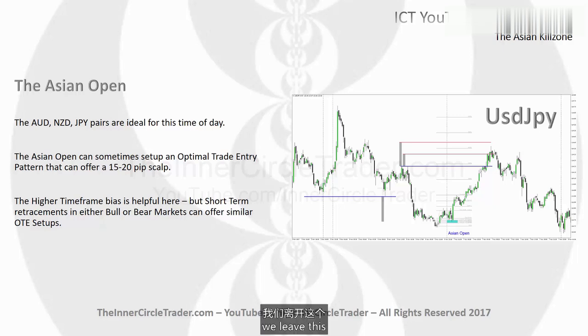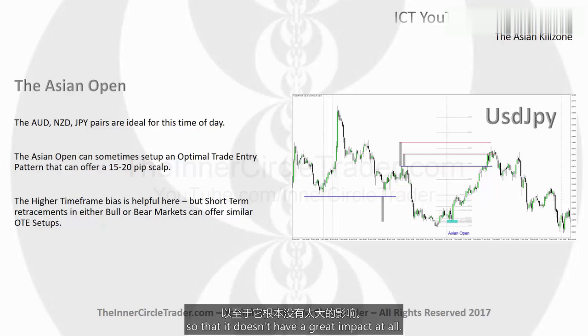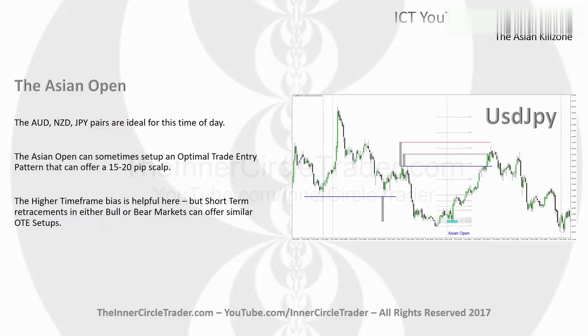And when we leave this daylight savings time, it'll shift a little bit. But I use a 2-hour window, so it doesn't have a great impact at all. So what I look for is a move that originates or forms immediately after the Asian Open.